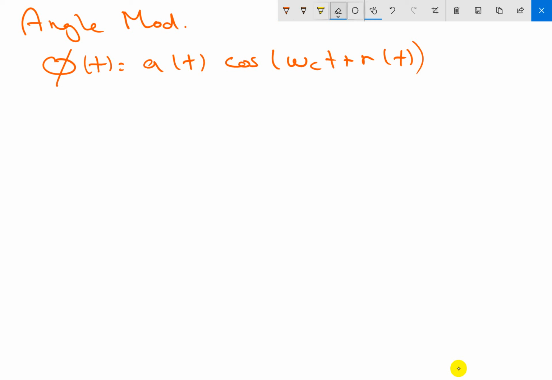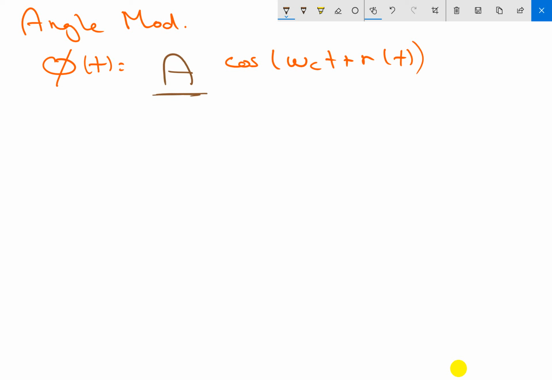So we can replace the amplitude as a constant, because as we said, in angle modulation, the amplitude of the modulation signal is constant. We can replace omega ct with r of t.